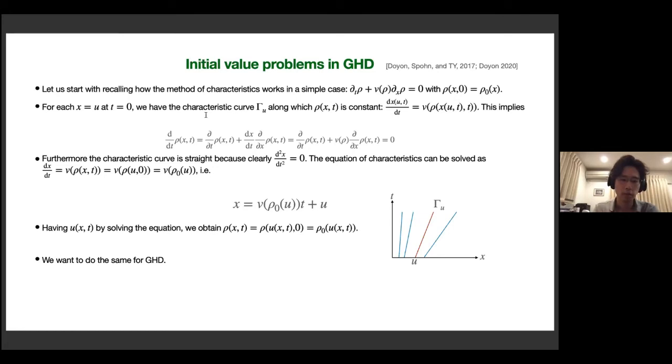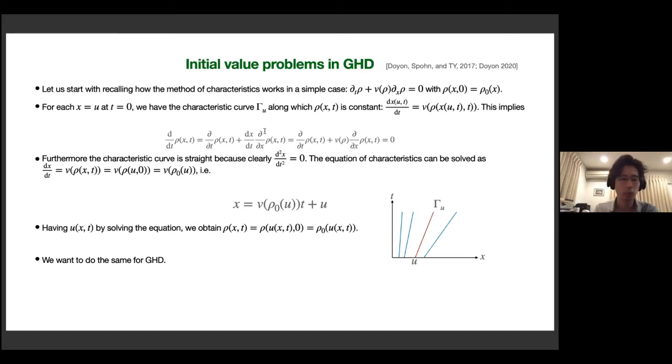You draw the characteristic curve in such a way that along that curve, rho is always constant, so this kind of equation is expected to be satisfied. Then if you define x in this way, it's immediate to see that rho is indeed constant along that characteristic curve.